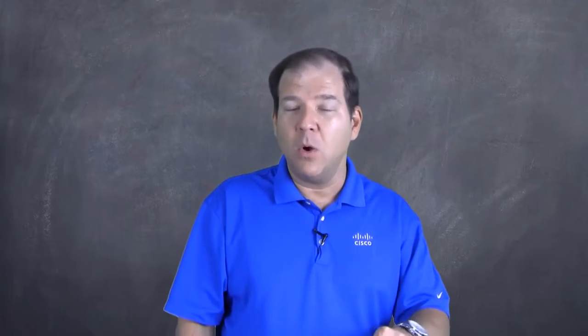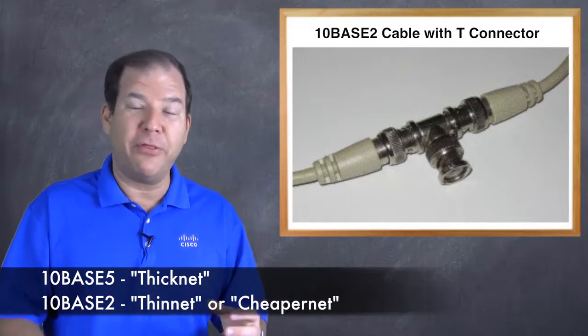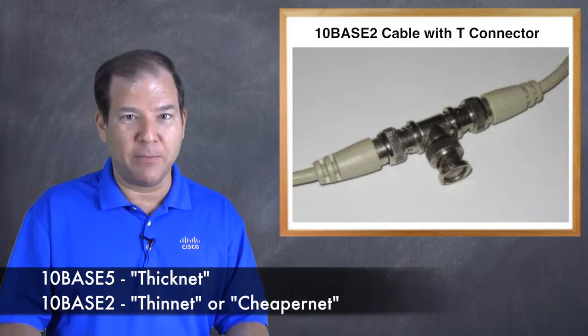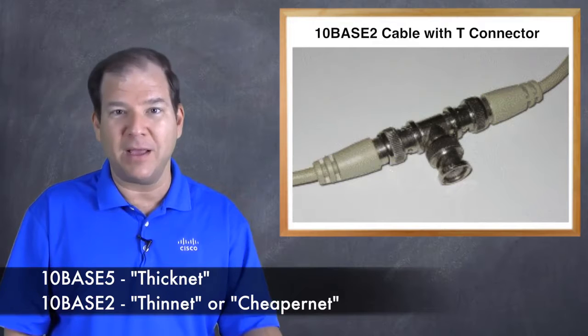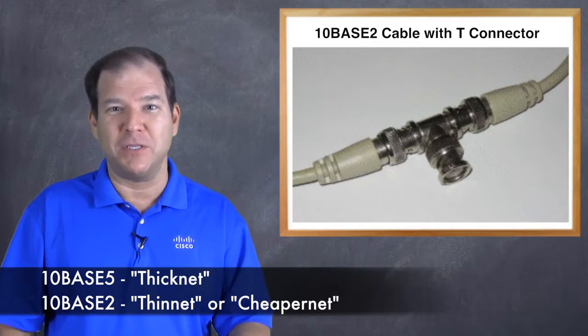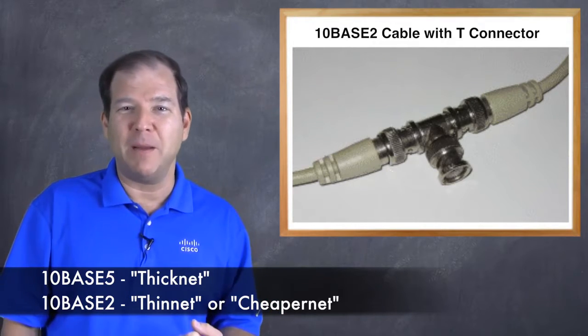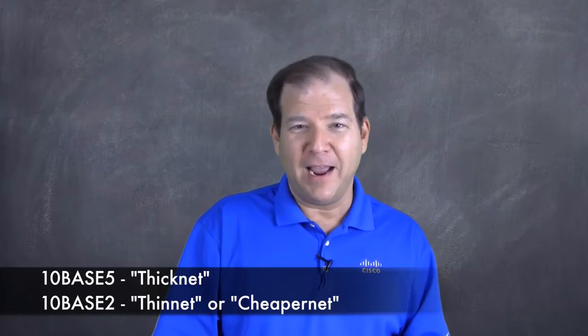A more economical type of cable, a thinner cable, was used by 10 base 2. 10 base 2 was called thin net because it was a thinner cable. 10 base 5 was called thick net. In fact, 10 base 2, because it was less expensive, also became known as cheaper net. And you might guess 10 base 5 is 10 megabits per second, baseband, 500 meters. You might guess that 10 base 2 would be 10 megabits per second, and it is.